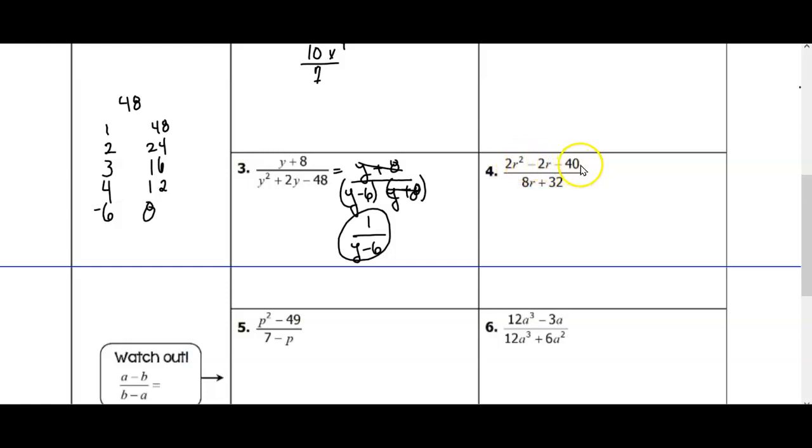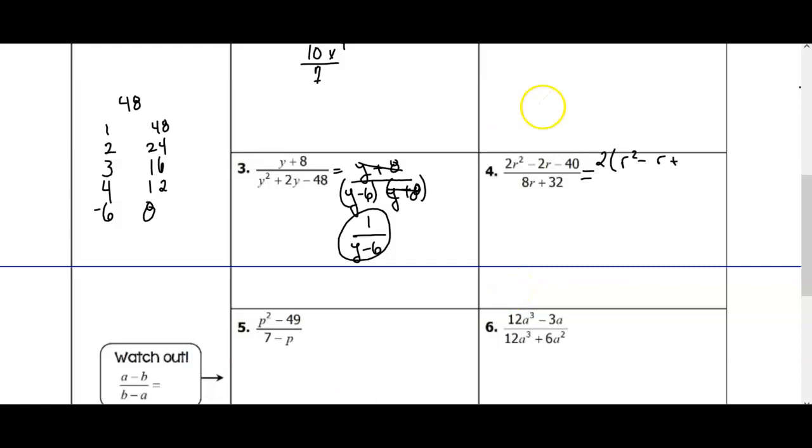Okay. So common factor in the numerator. Definitely want to take out our common factors first. So this is going to be 2, which is our common. That's going to leave us with r squared minus r minus 20.